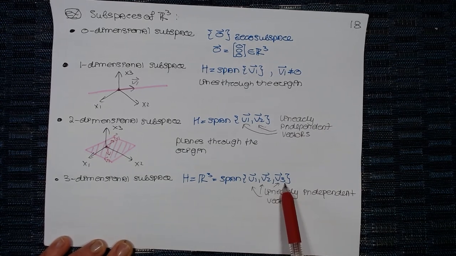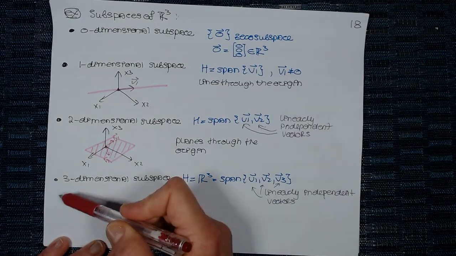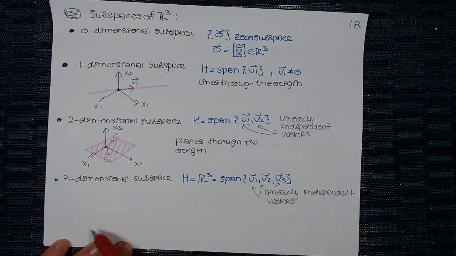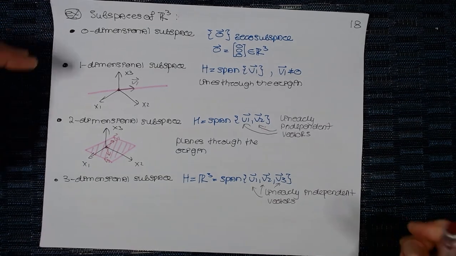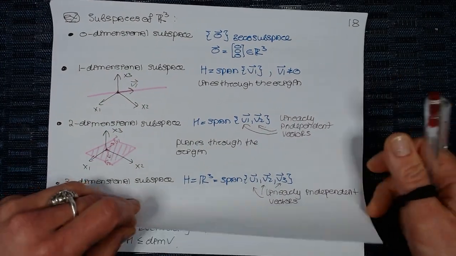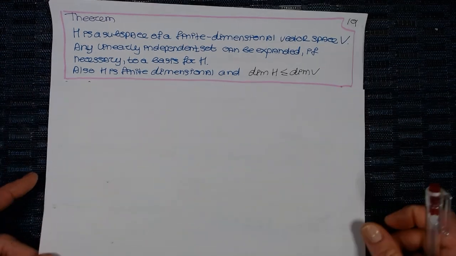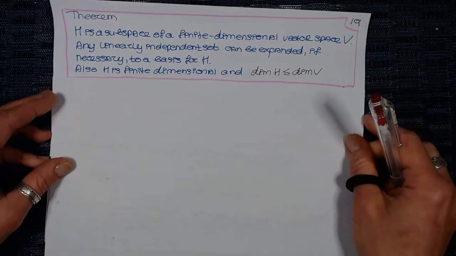And you can expand this to all subspaces of Rn, right? If I had R4, then I would be going all the way to four-dimensional subspaces of R4, or n-dimensional subspaces if I'm looking at Rn. Right, so we have one more theorem here.